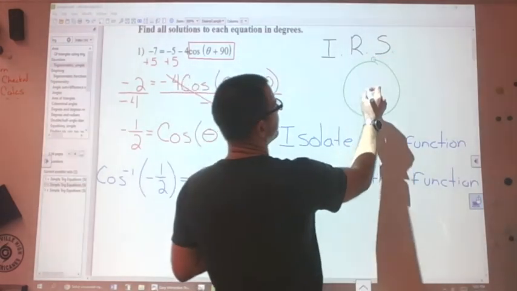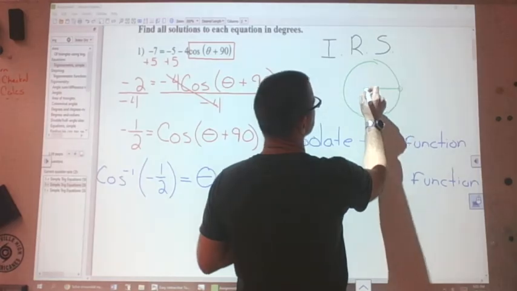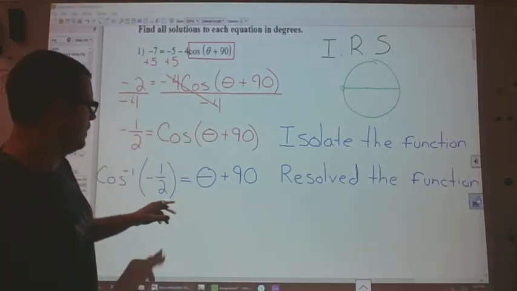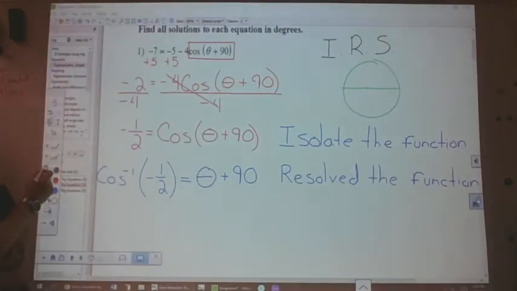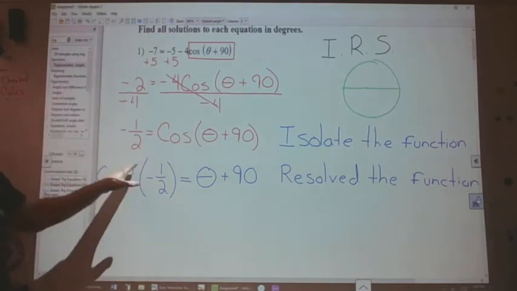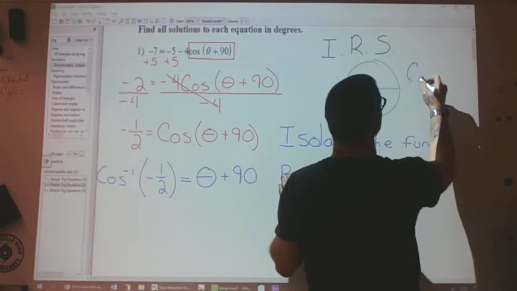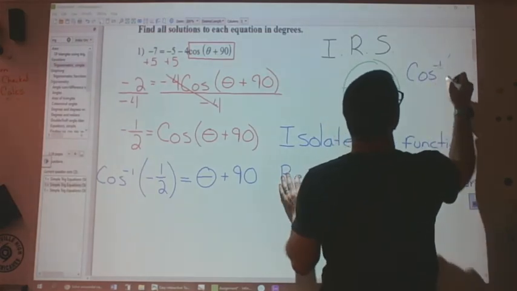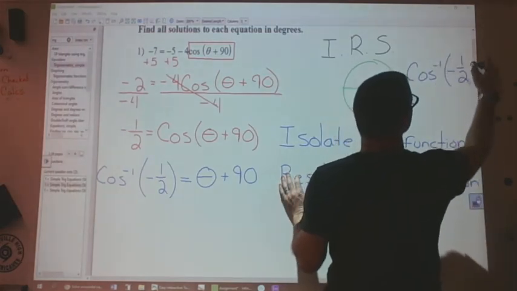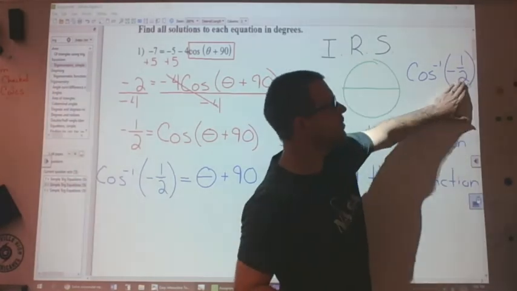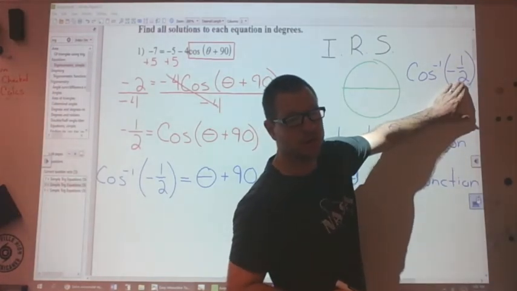here's my unit circle. Inverse cosine of negative 1/2. So that's what we're going to plot on this. It tells me that the horizontal leg of the triangle needs to be negative 1/2.